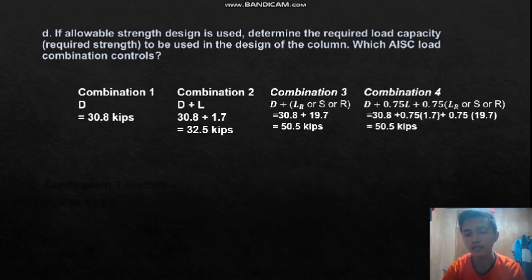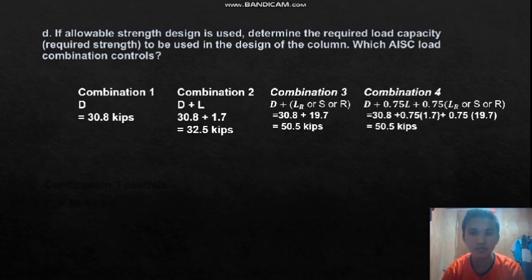For combination 4, D dead load plus 0.75 live load plus 0.75 roof live load or snow or rain load is equal to 30.8 plus 0.75 multiplied by 1.7 plus 0.75 multiplied by snow load, since it is larger than the roof live load or the rain load, which is equal to 50.5 kips.